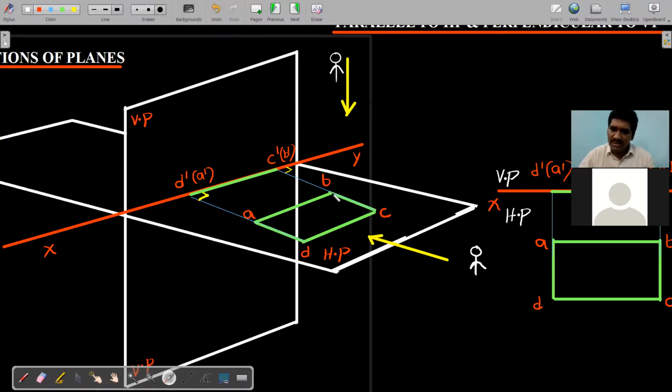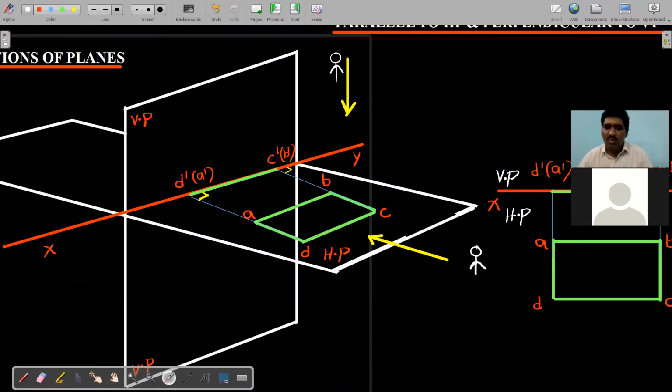Is this side parallel to the horizontal plane or not? This is the short side, this is HP, this is the side, this is the plane. Can I say this shortest side is parallel to the horizontal plane or not? Yes. Therefore this is the projection of a rectangle such that the shortest sides are parallel to HP and perpendicular to the vertical plane. Or we can say one of its sides or longest sides are perfectly parallel to what? Parallel to the XY line, or parallel to both HP and VP, we can say.